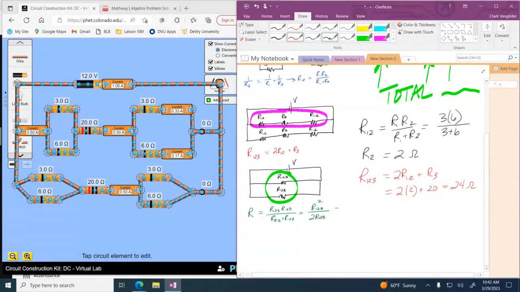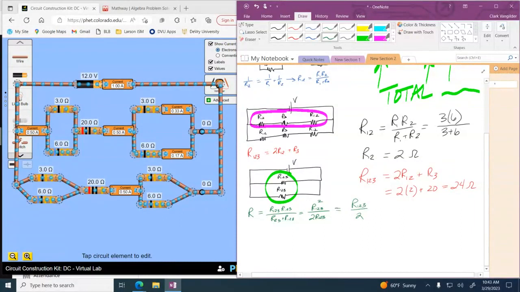And then that would mean that finally our R value, total resistance, would be R123 over 2, which makes sense.